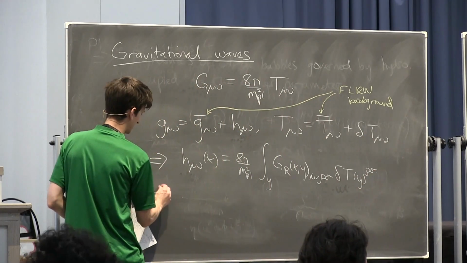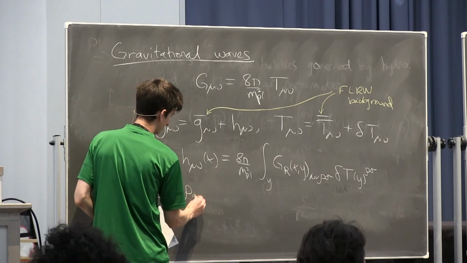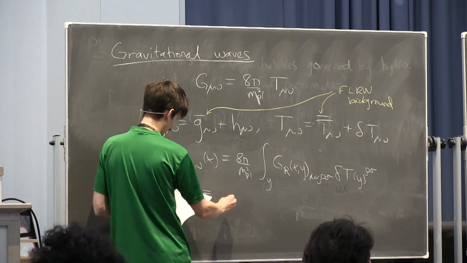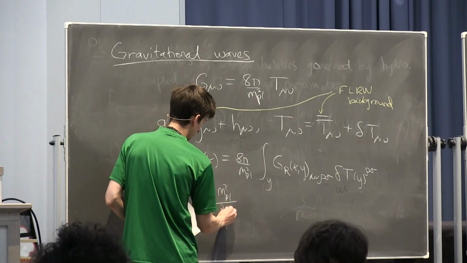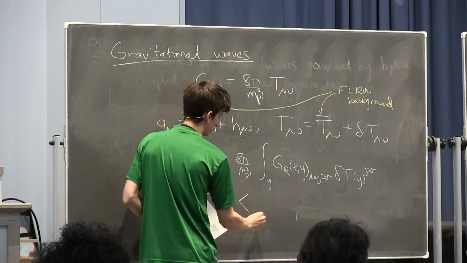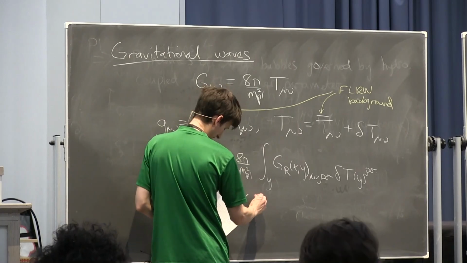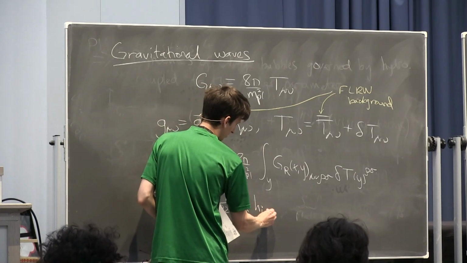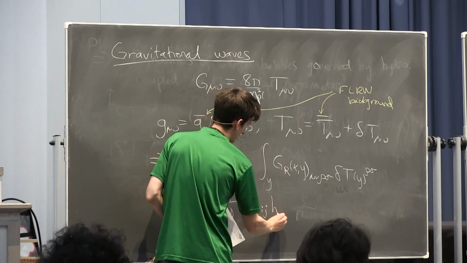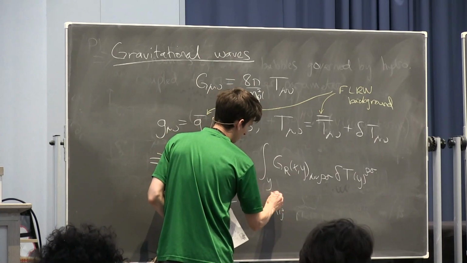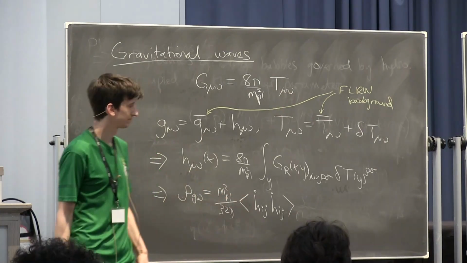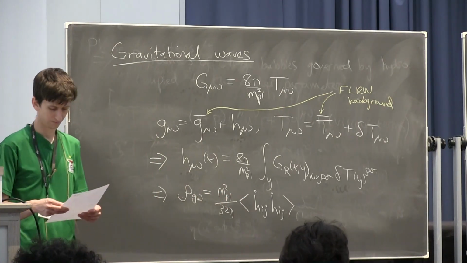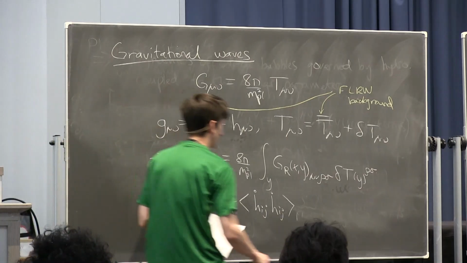Then we can get the energy density in gravitational waves, which is equal to M Planck squared over 32 pi times the averaged energy in these metric perturbations. And this is the energy density in gravitational waves.